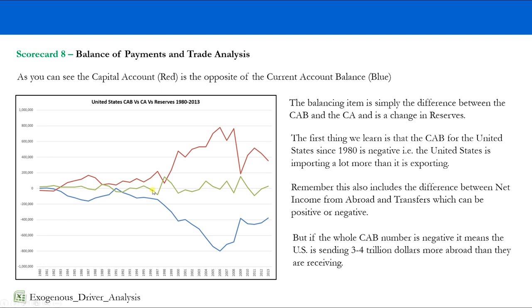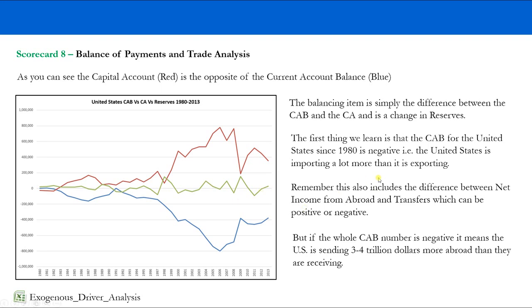You can see that the red line is very much pictorially looking like the inverse of the blue line. In theory, they're supposed to net each other off. But when they don't, we have what's called a balancing item. And then the difference plus the balancing item equals 0.